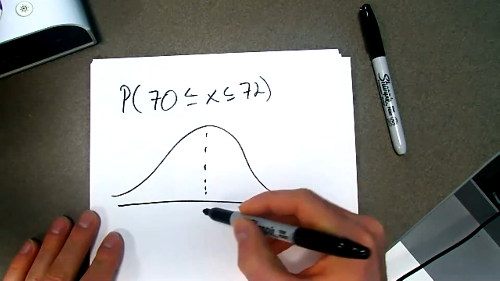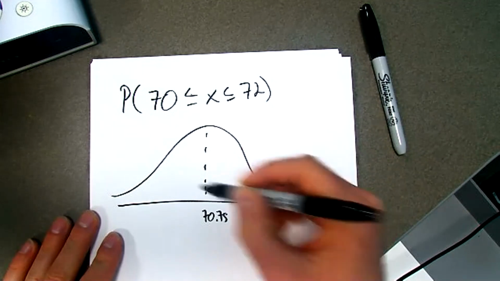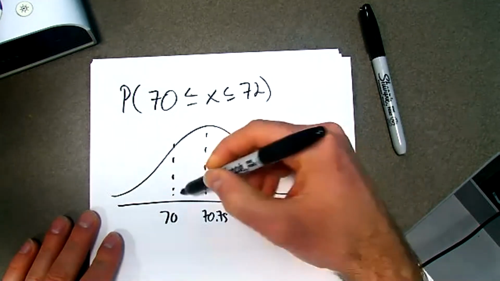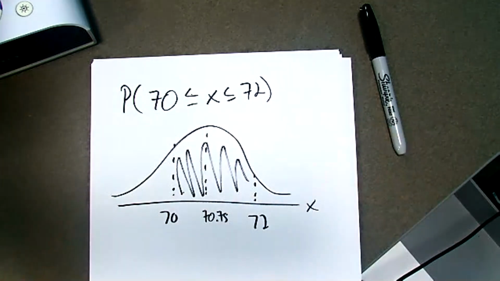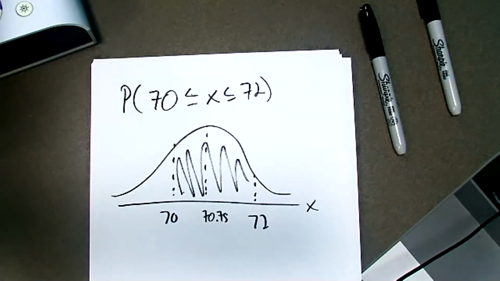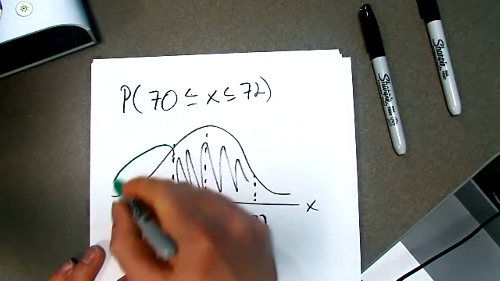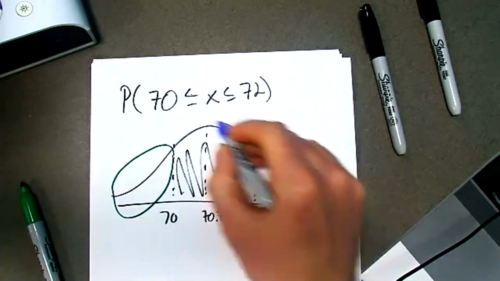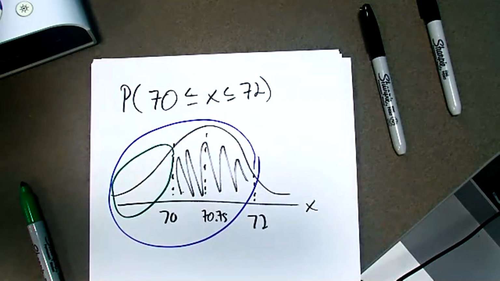I think the mean was like 70.75. So I'm looking for the probability in between 70 and 72. Well, what I can do is use those norm.dist functions. I'll find the area to the left of 70, and subtract that from the area to the left of 72.